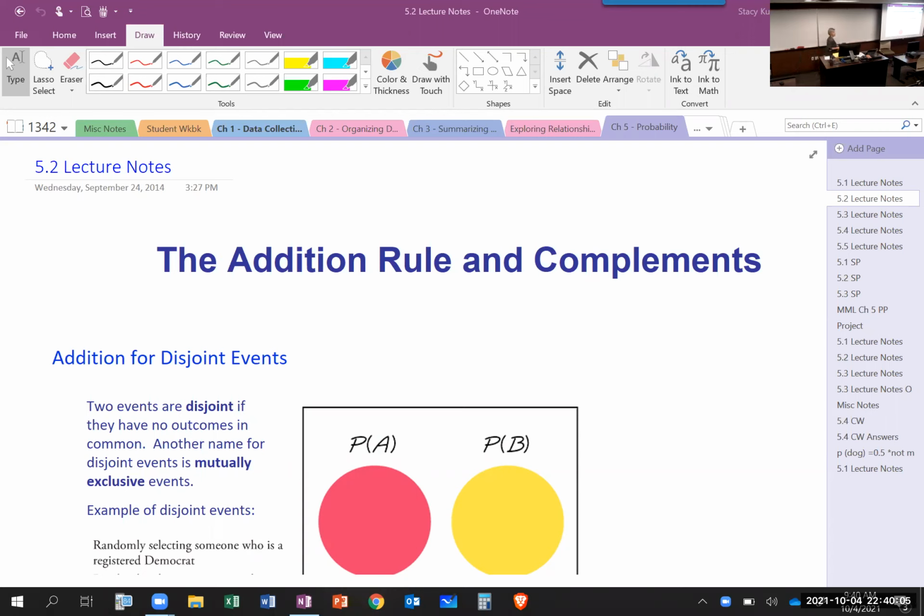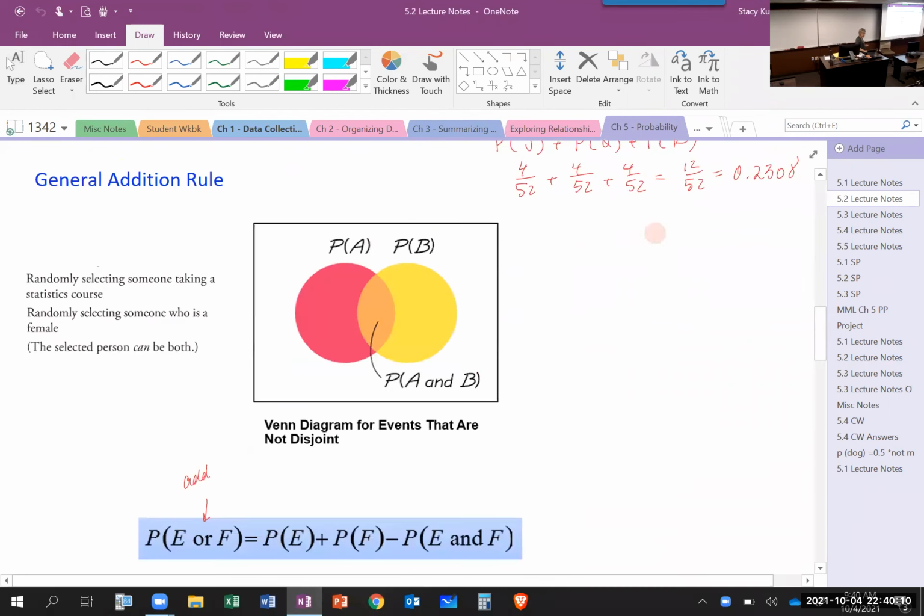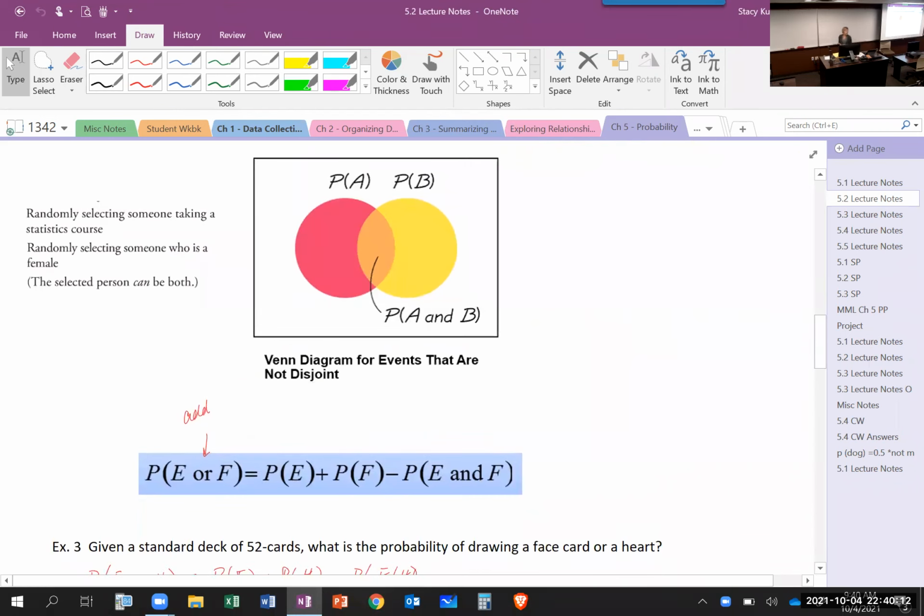And then we have the general addition rule. We wrote this down last time. If we have 2 events, and I want to know the probability of this or that, we can come up with a general rule by taking the probability of event E, adding it to the probability of event F, and if they do have things in common, then we subtract off the part that's common.